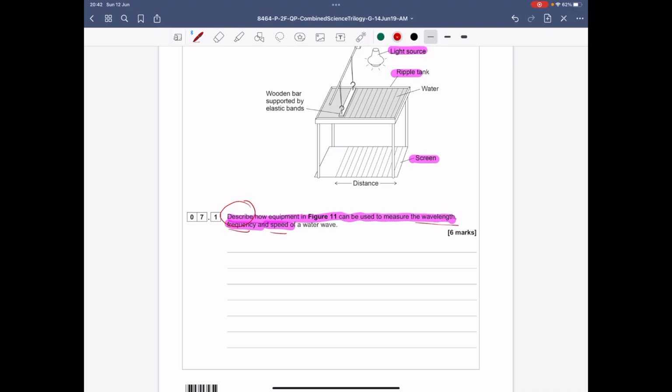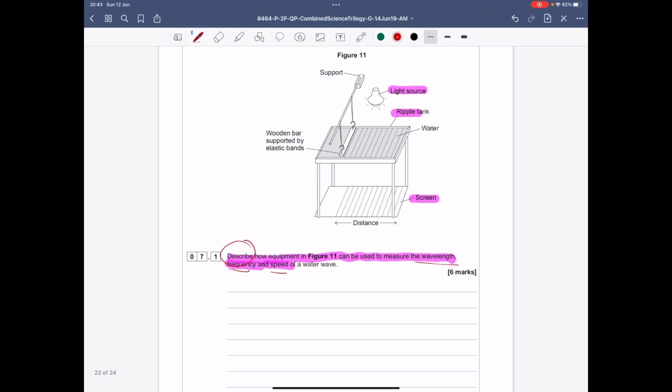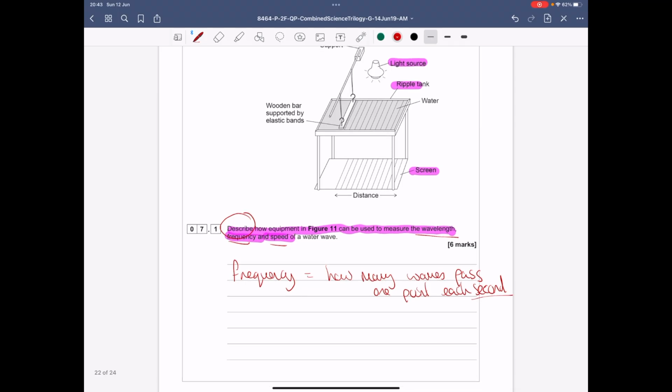Wavelength, frequency, and speed. So let's just start with one of them at a time. The frequency is how many waves pass a point each second. So if it is per second, the easiest way is to identify this 1 point and then count how many waves pass it in 10 seconds, and then divide it by 10.